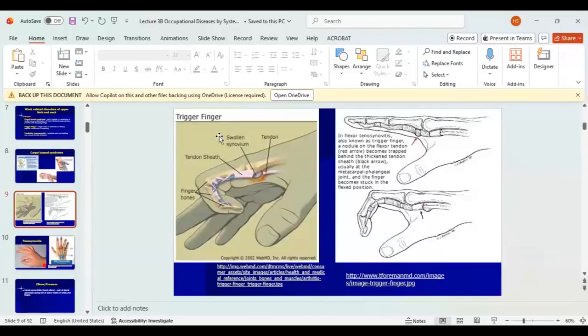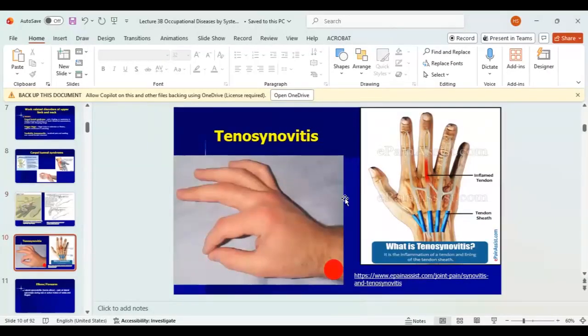For trigger finger, you can see the shape that the finger assumes, and in some persons, they can't straighten the finger after a while. So that's why they call it trigger finger. The tendon sheath there is affected and all of that. For tenosynovitis, right, you still have inflammation there.